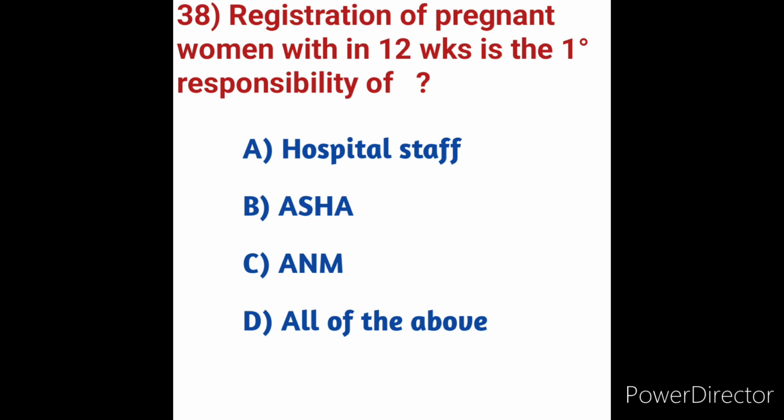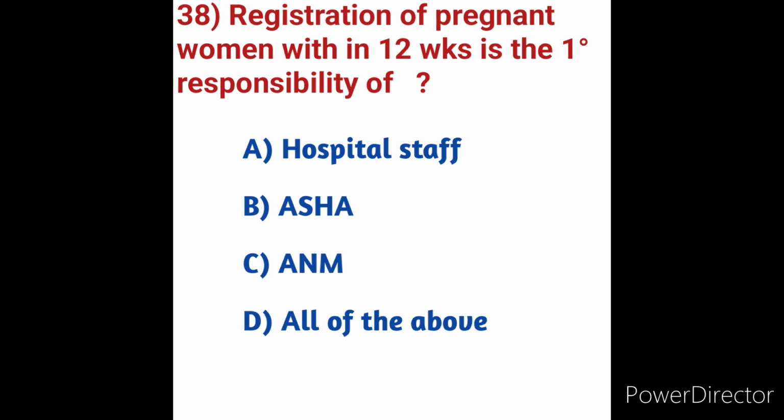Registration of pregnancy within 12 weeks, in the first trimester, is the responsibility of the ASHA worker under the National Rural Health Mission. The primary responsibility of the ASHA worker is the registration of pregnant women within 12 weeks.